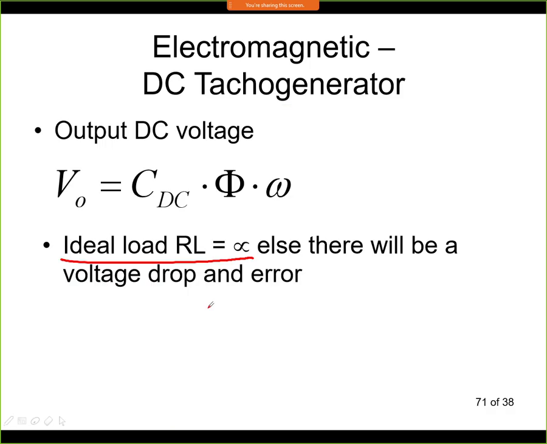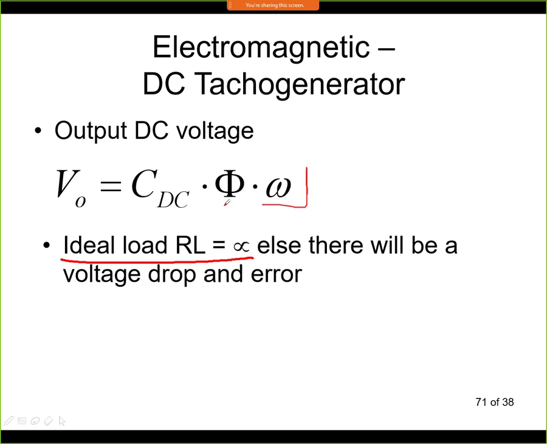And the resulting voltage that we get is a function of the angular speed. So we can say that the voltage on the output of this machine is a function of angular speed. That's what I want, because I want to use it as a speed sensor. It is a function also of the magnetic flux phi, but since we have a permanent magnet, this magnetic flux is a constant value.